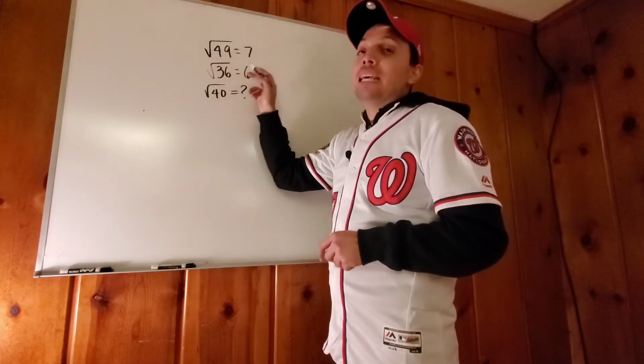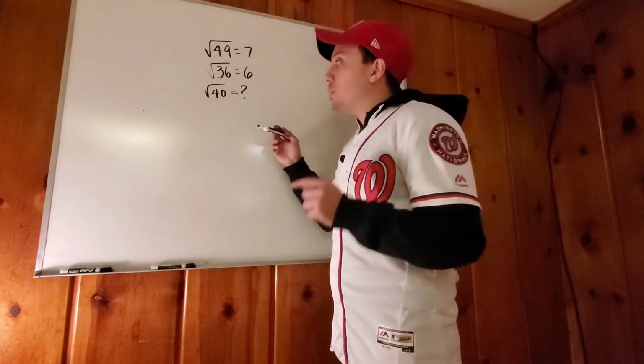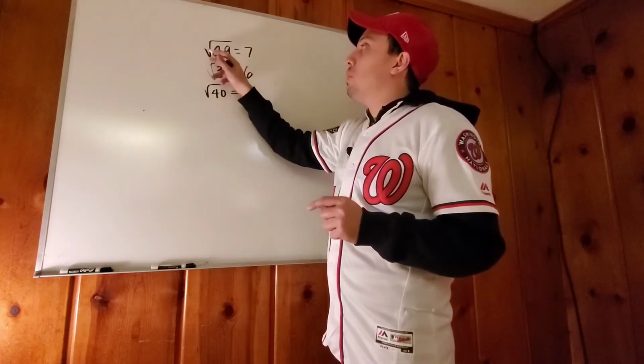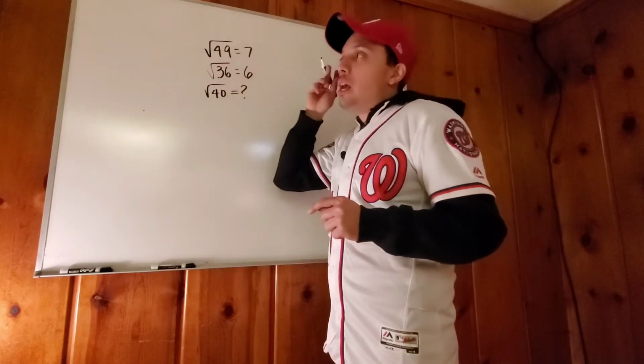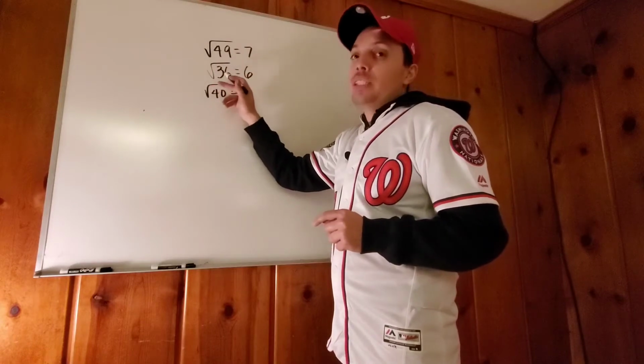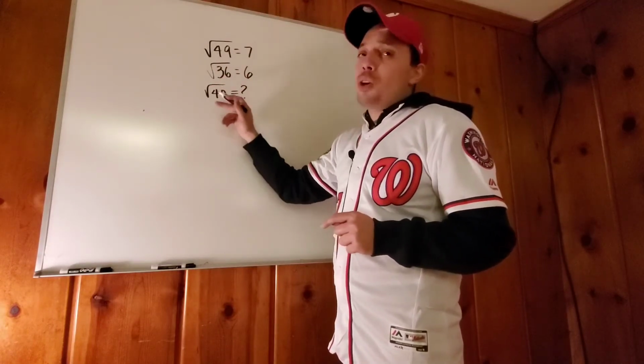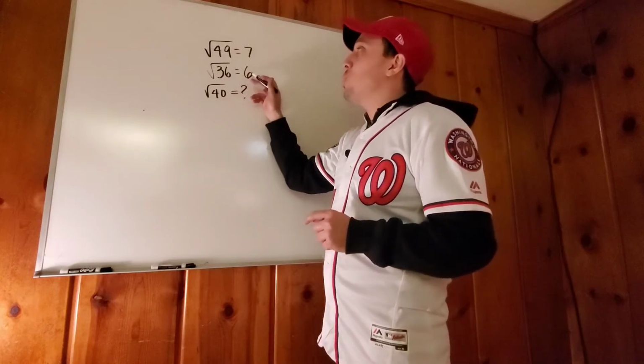And the square root of 36 is 6, not even close to 36. A lot of people look at the square root of 49 and automatically think 49. No, it's 7. So the square root of 40 can't be anywhere close to 40. It has to be closer to 6 or 7.